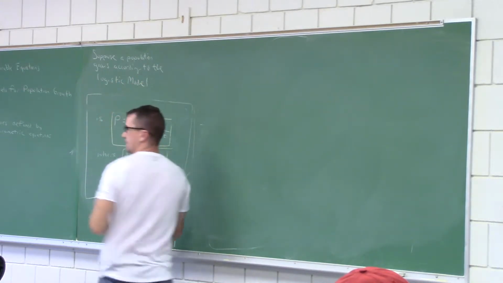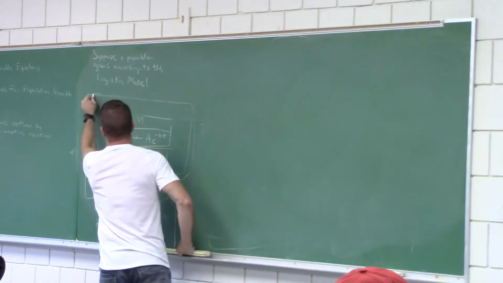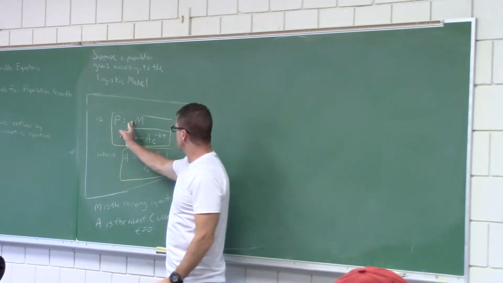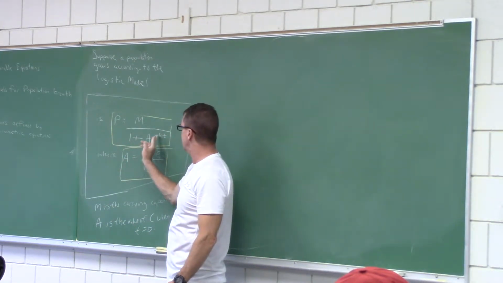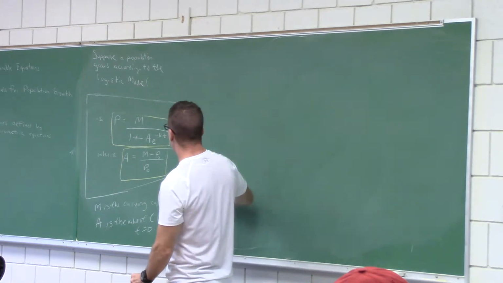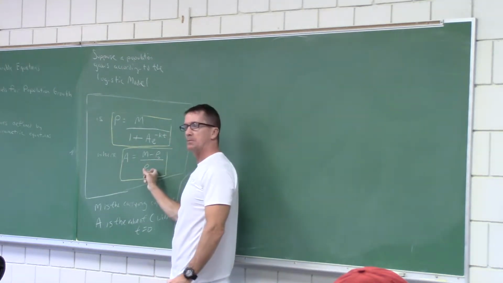We're going to have to derive, now we got it right here. Here's the logistic model: P equals M over 1 plus A e to the negative kt, where A is equal to M minus P naught over P naught.